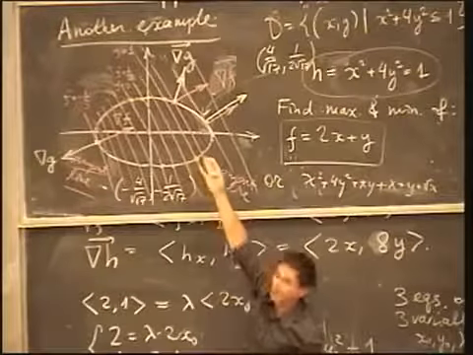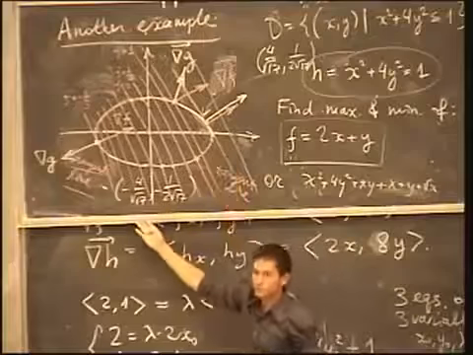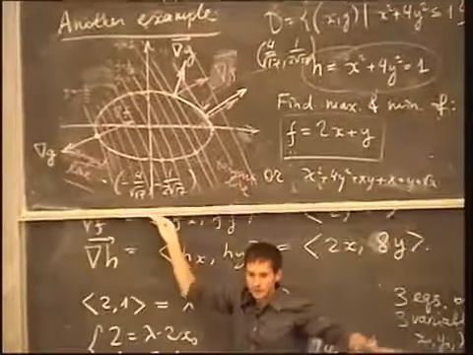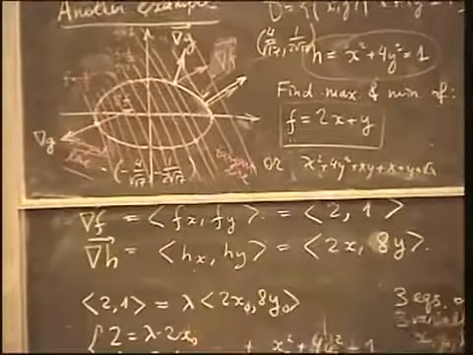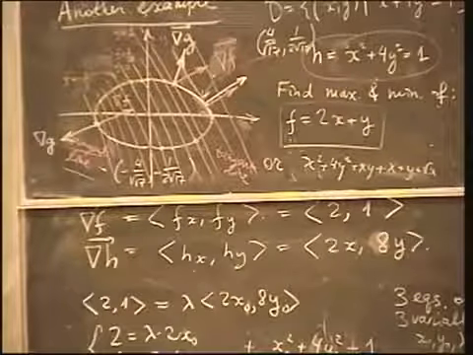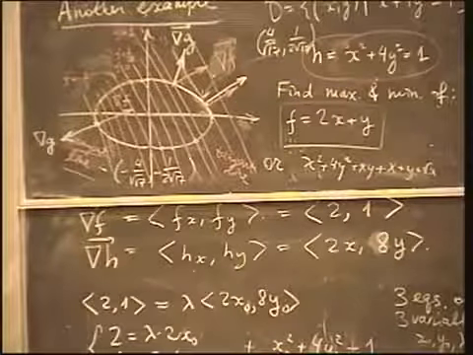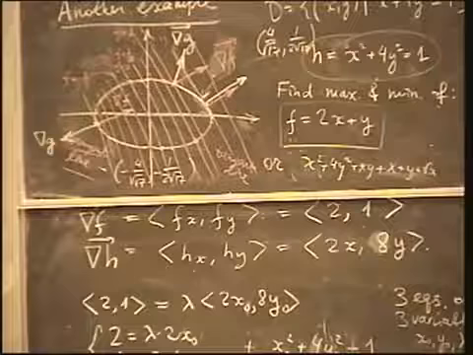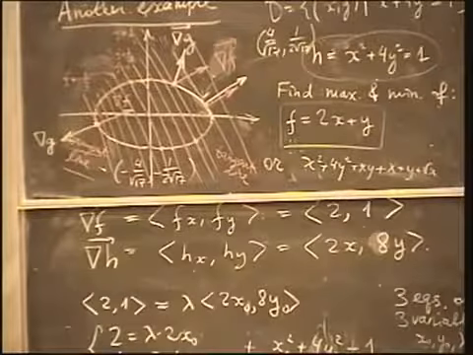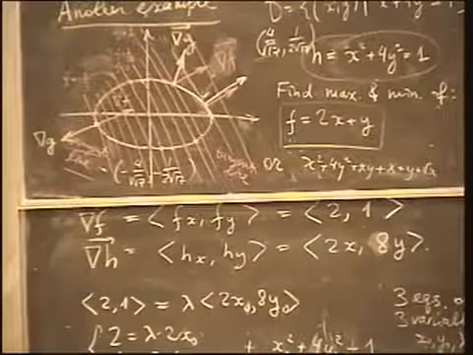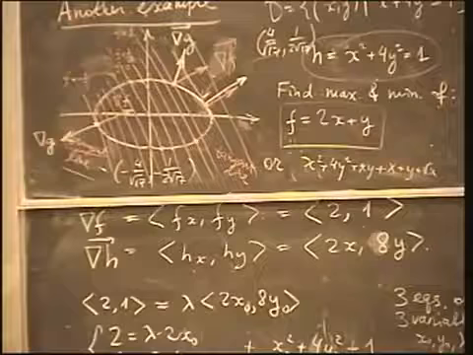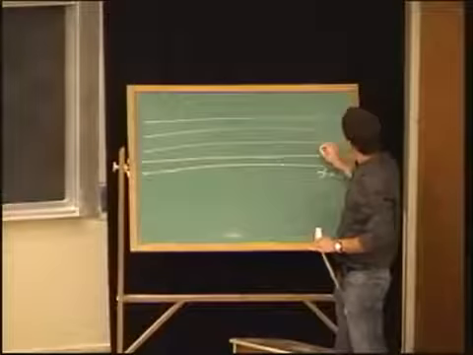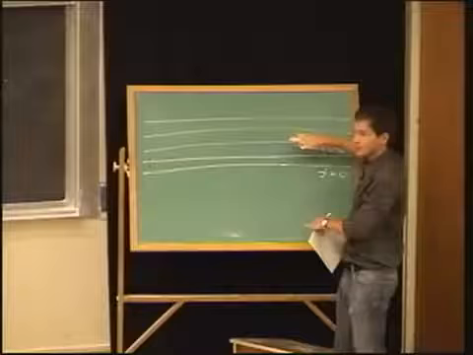And these ones will be elevated, and those will be lower. Just like here. So let's say this one is f equals 0. Then these ones will be, let's say this is f equals 1/3, and so on. So they are all elevated.